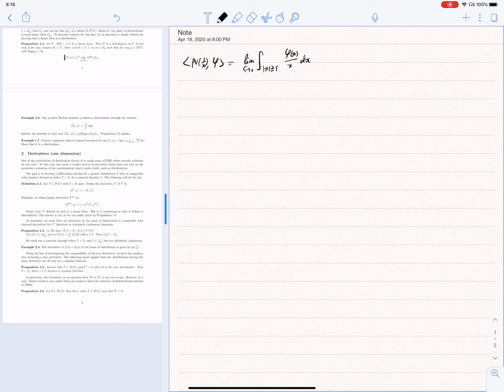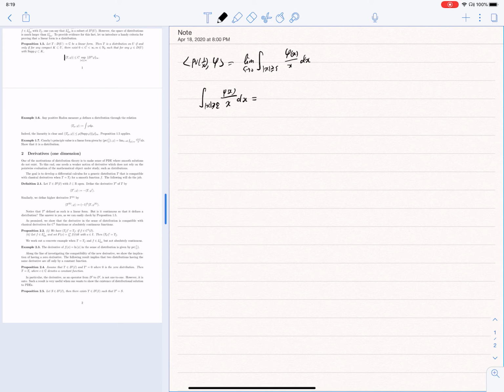And in order to show that it is a distribution, we're going to again make use of proposition 1.5. First of all, let me compute the value of this integral when the domain is chosen to be those x with absolute value larger than or equal to epsilon.